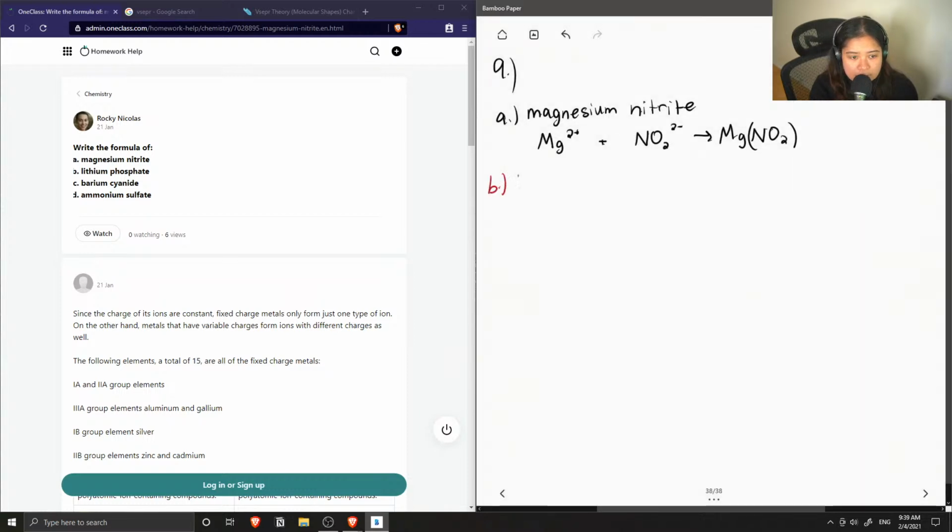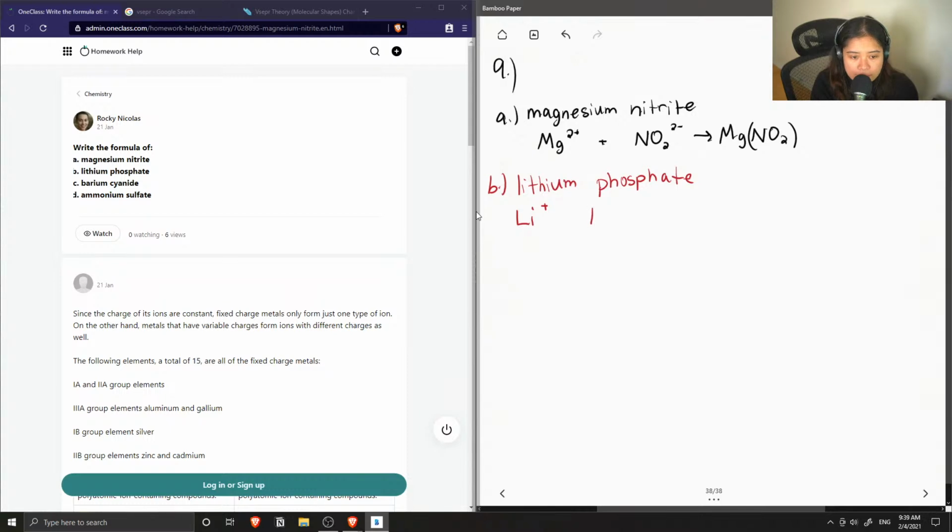Okay, so now let's look at lithium phosphate. Lithium is a group 1 metal, so its oxidation state is only +1.